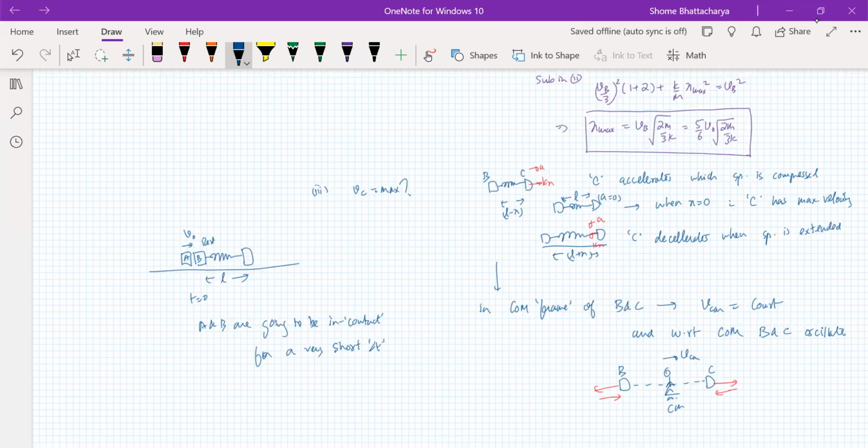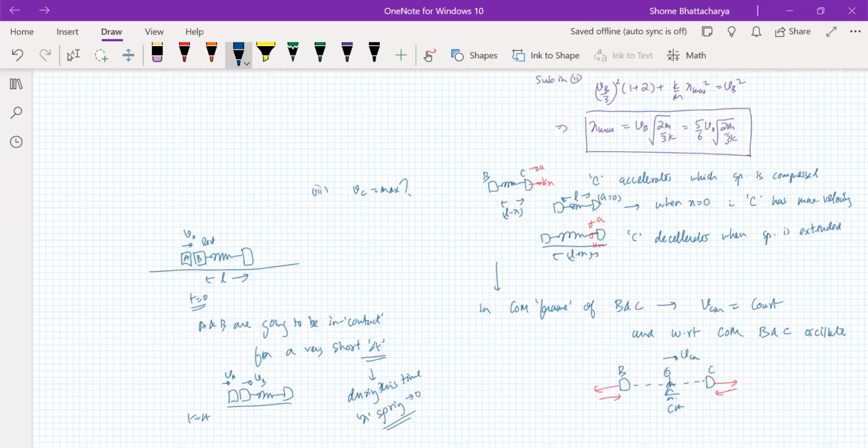After that time delta t is over, A and B have lost contact. That time is so short that during this time, x of the spring is tending to 0.